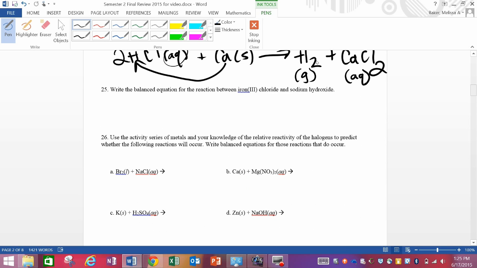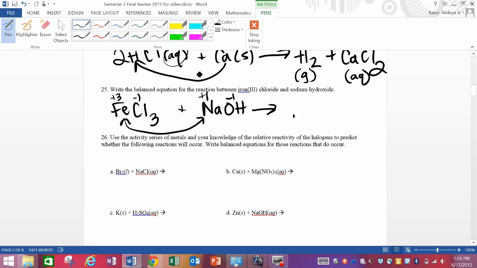How about number 25? Show the reaction between iron 3 chloride and sodium hydroxide. That means iron's got a +3 charge, chlorine's -1, so this is FeCl3, and sodium hydroxide, that's just NaOH. Those charges cancel out. This is double displacement, so the first two things switch places.